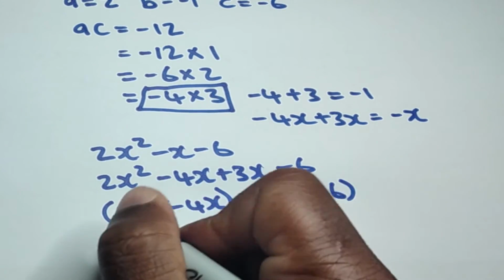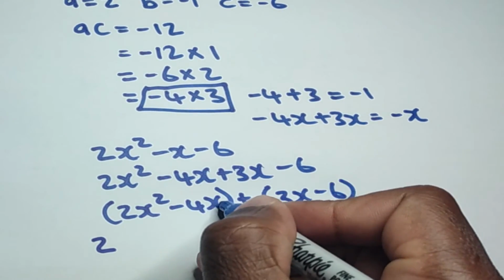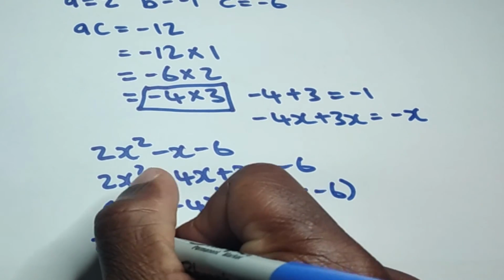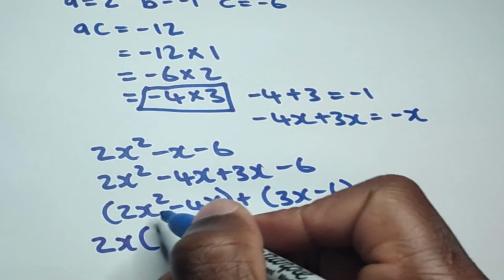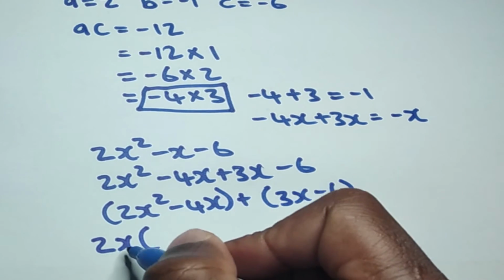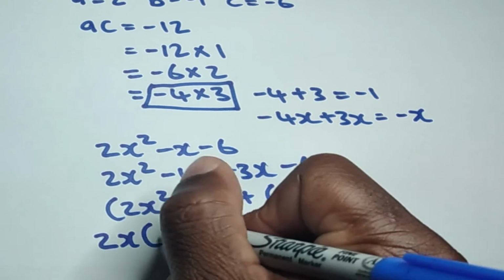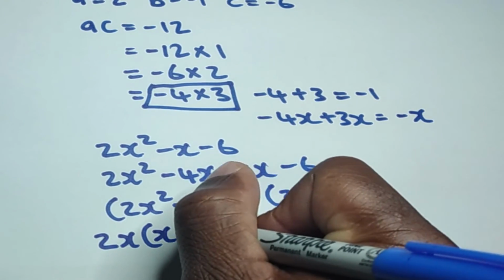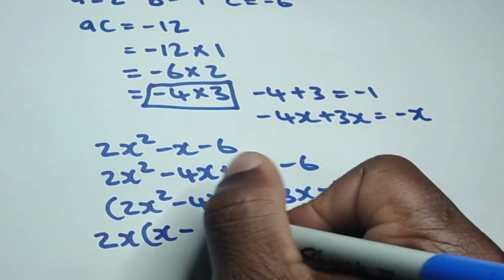The highest common factor for 2 and 4 is 2. We have x squared here and x over here, so we can factor out the x as well. Now we divide each term by what we factored out, which is 2x. So 2x squared divided by 2x leaves us with x, and negative 4x divided by 2x is negative 2.